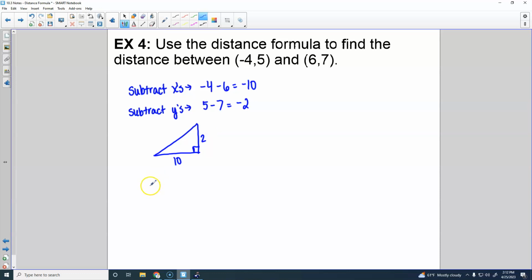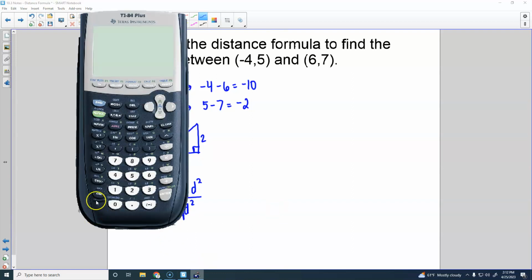And so, then do Pythagorean theorem. 2 squared plus 10 squared equals the distance squared. So that's going to be 104 equals your distance squared. You will square root both sides, and the square root of 104 is going to be 10.198.